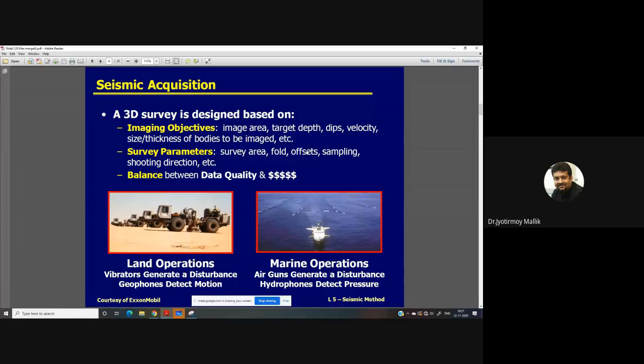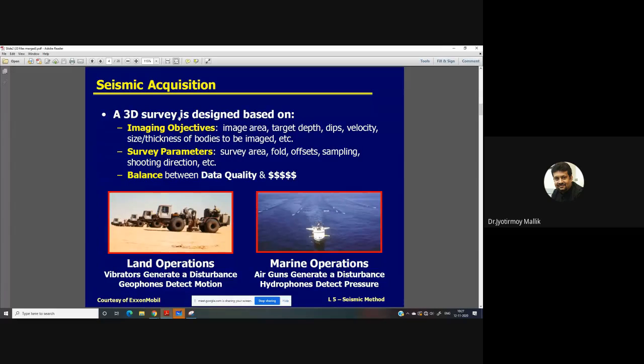If you want better data, of course you have to spend more money. But there is a balance. You should not spend so much that you go out of business. You have to come to an optimum choice, where you get optimum data quality as well as not spending a lot of money.